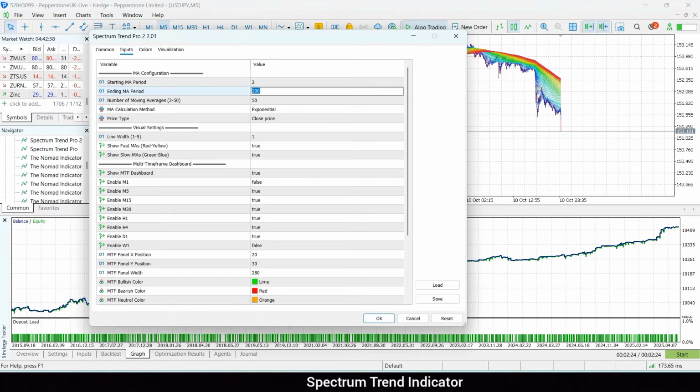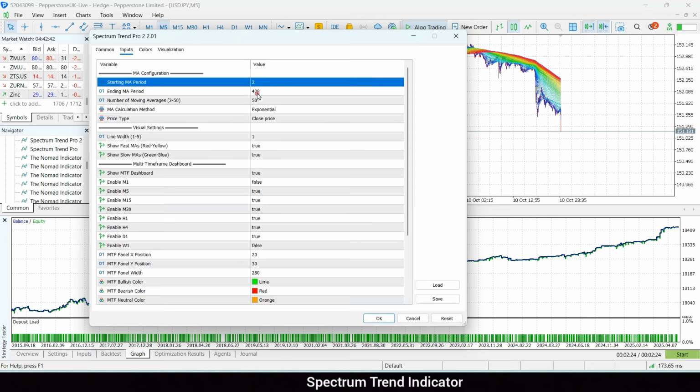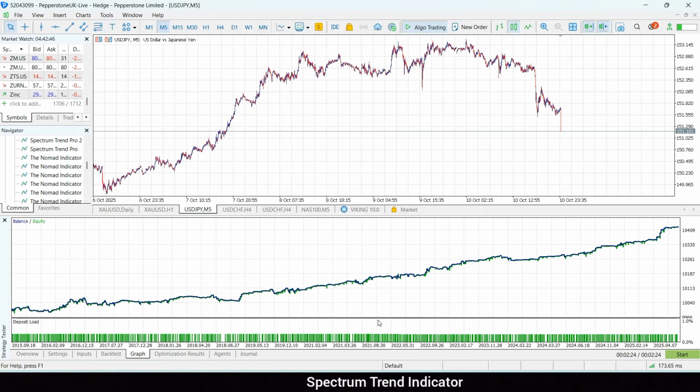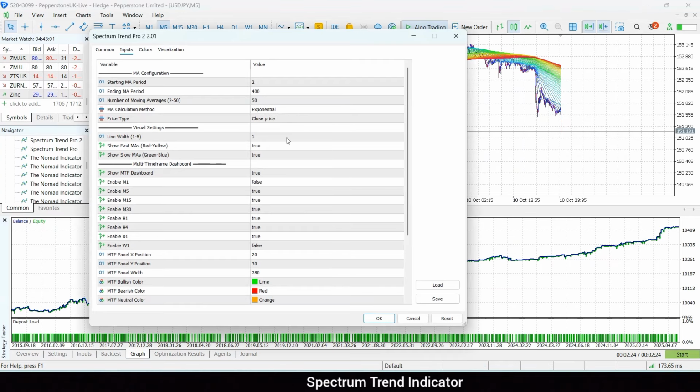You can actually use any number here, and this way it is of course going to be more broad. As you can see, it is more spread out, and not pegged tight with all the 50 moving averages.